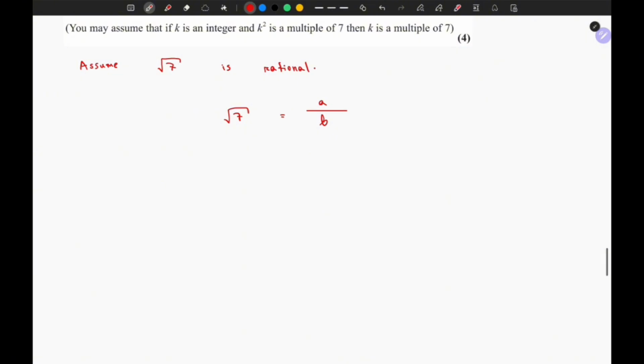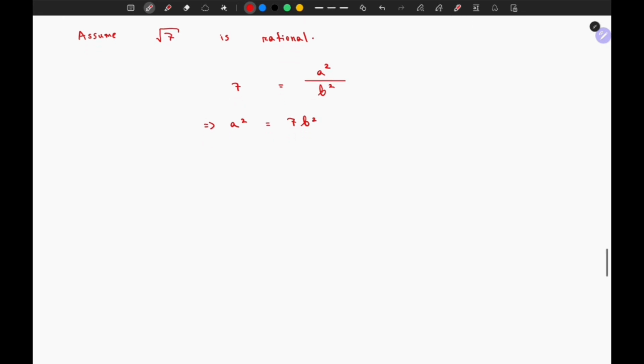Now, if we take this root over to the right hand side of the equation, this becomes whole squared. So this is basically a squared by b squared. So if we make a squared the subject, this becomes 7b squared.